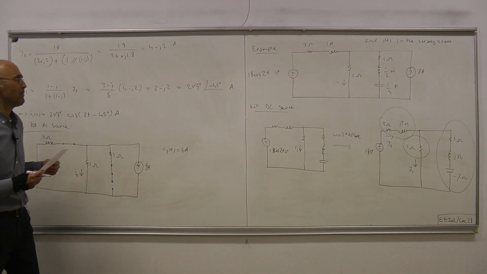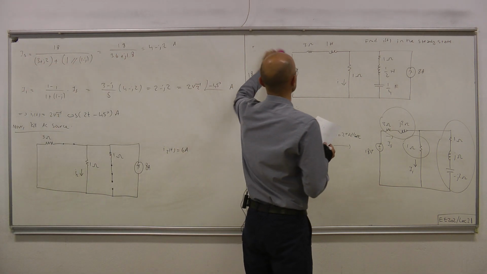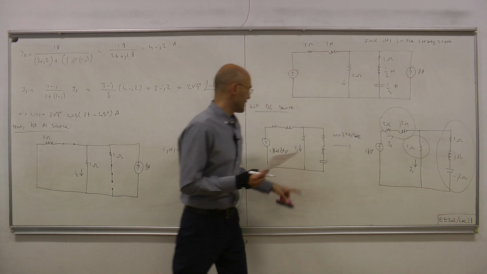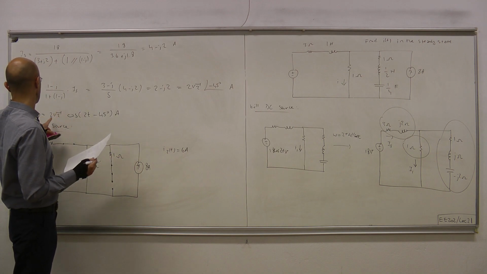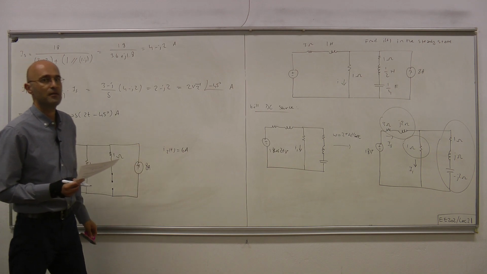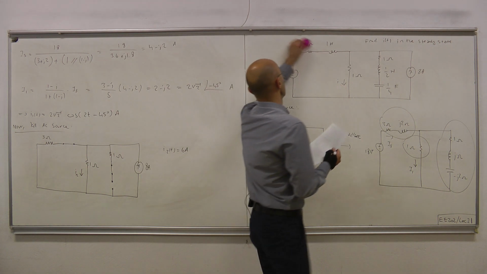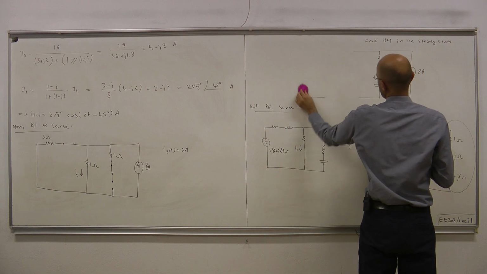Then by superposition, we can add I1 to I2. I1 is here, I2 is there, and the overall current I in steady state will be that sinusoidal with a DC offset.